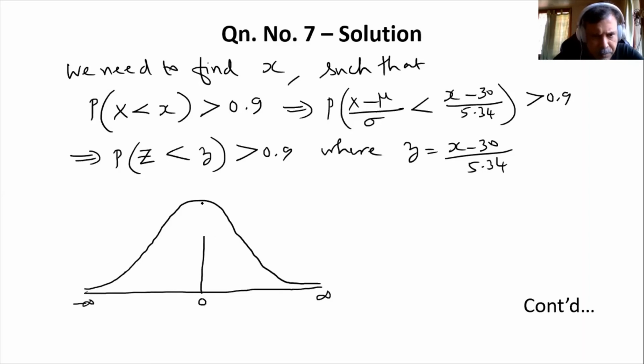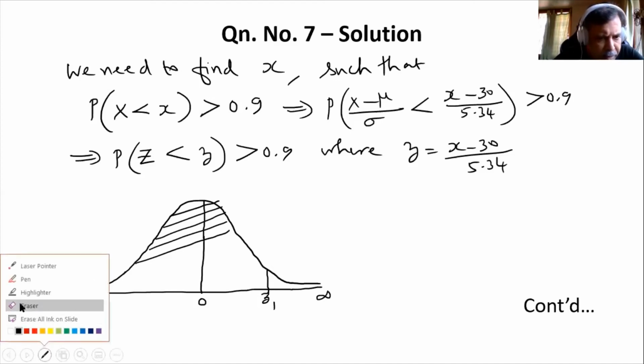Call it as 0. Okay. This probability should be 0.9. That means somewhere here our Z will come. So the total area I will express like this. Now we are supposed to identify what is that Z value.